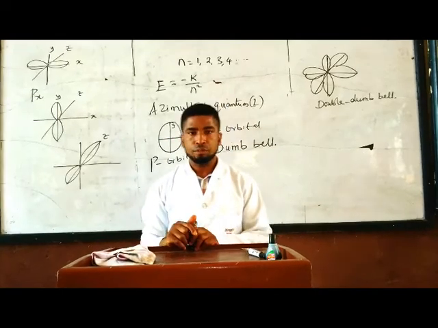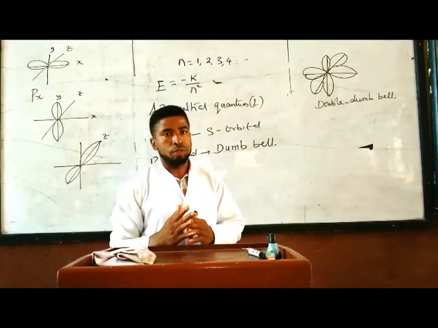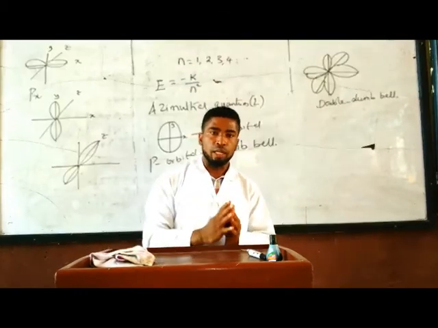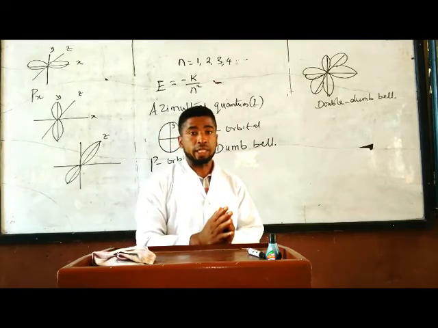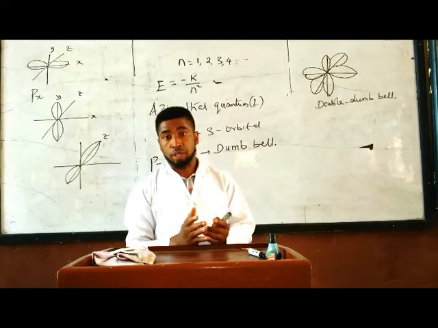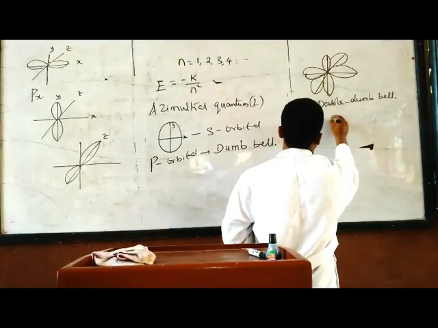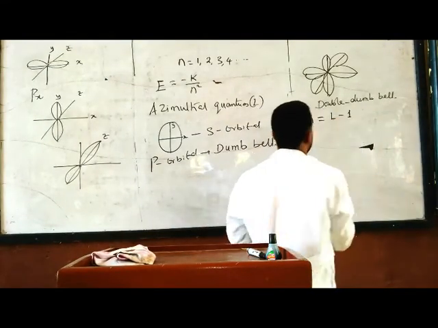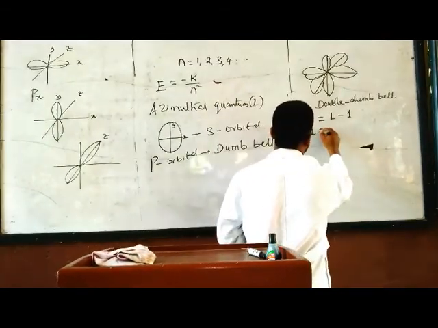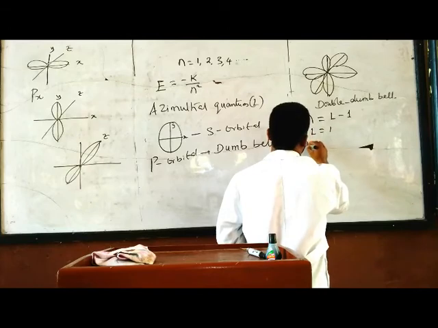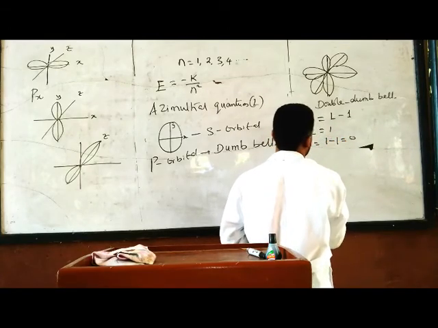Now, let us look again at the relationship between the principal quantum number N and the azimuthal quantum number L. The link is that N is equal to L minus 1, such that when L is 1, N is 1 minus 1, which is 0.